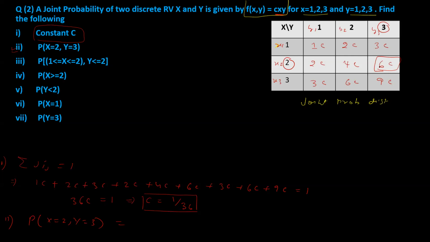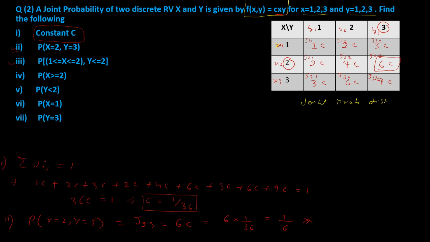X equal to 2 and y equal to 3, the corresponding grid, you take it. This is J11, J12, J13. This is J21, J22, J23. This will be J31, J32, and J33. So this is nothing but the J23 value I am talking about, which is 6c. So this is 6 into 1 by 36. So the value is 1 by 6.